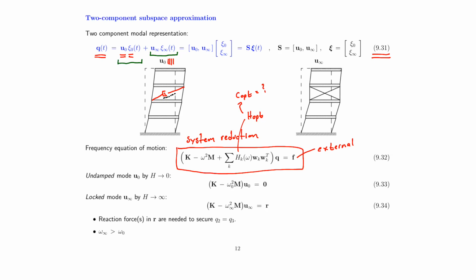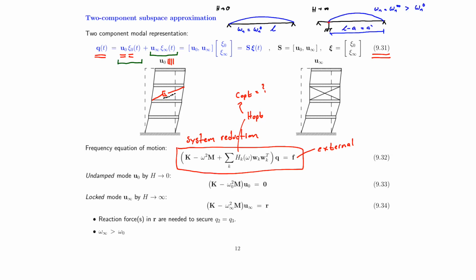So let's go back to the cable. For the cable we had two limiting cases. We had the undamped vibration shape, and we had a modified vibration shape where the damper link was fully locked, and we could provide that with an infinite sign here in the upper index.